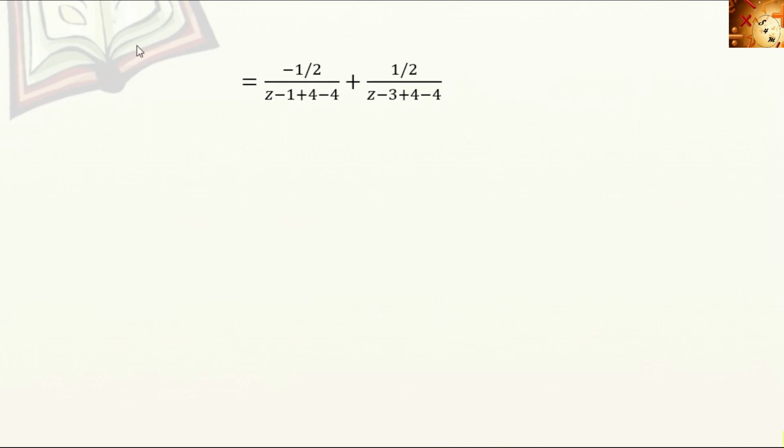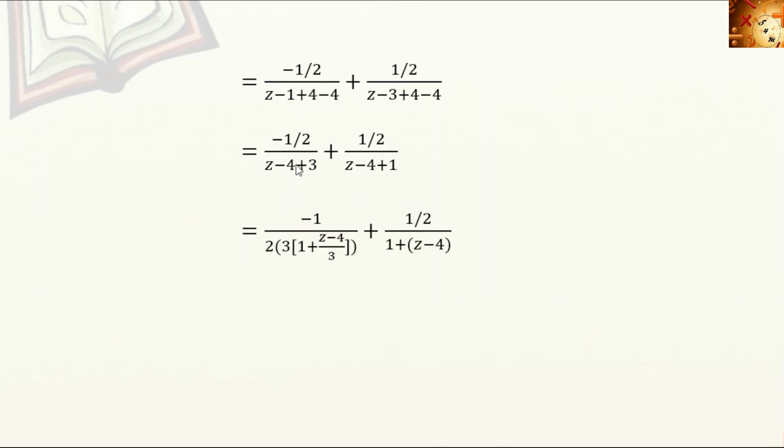So in the denominator, add 4 and subtract 4. So minus 1 by 2 divided by (z minus 1 plus 4 minus 4) plus 1 by 2 divided by (z minus 3 plus 4 minus 4). Club z minus 4, that is minus 1 by 2 divided by (z minus 4 plus 3) plus 1 by 2 divided by (z minus 4 plus 1).